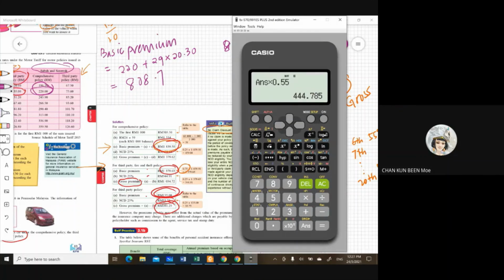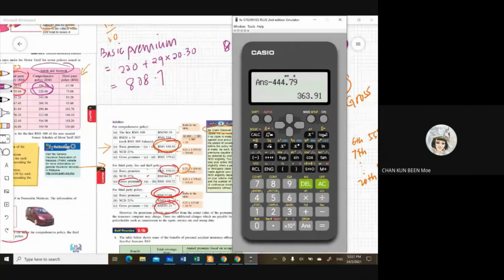Is my answer correct or not? Wait, I check again. 29 times 20.3 plus 220. Okay, correct. So I minus my NCD just now, 444.79.